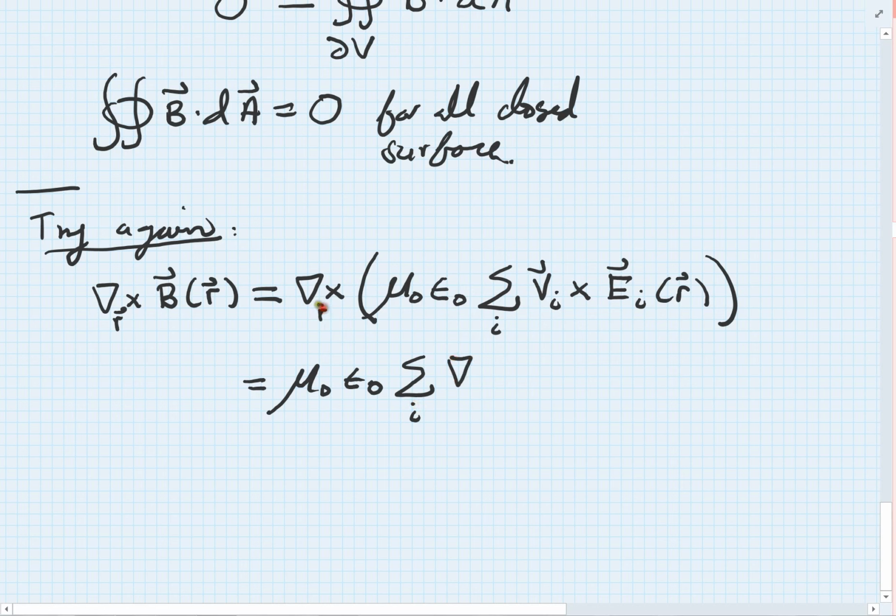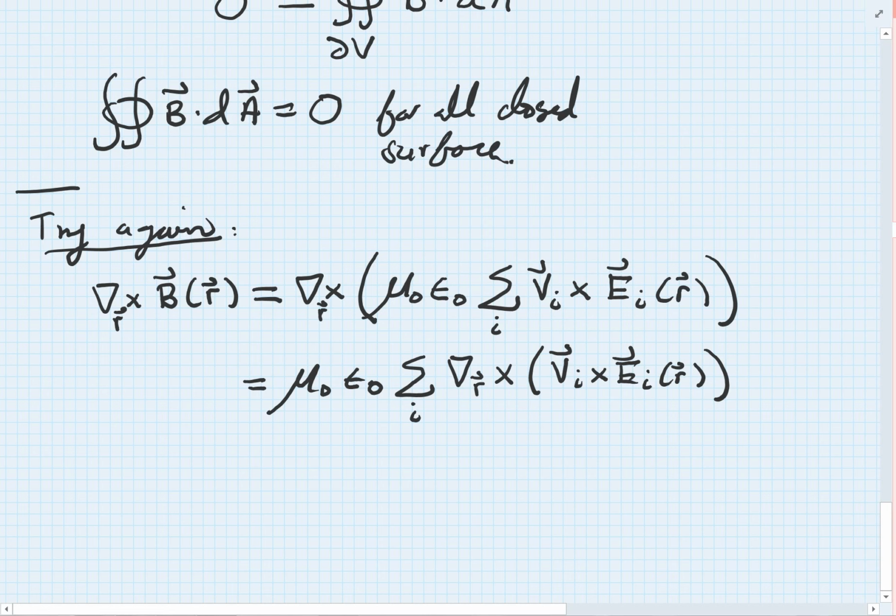So again, I'm taking derivatives with respect to r. I just don't want to forget that. So then when the derivative comes inside the sum, I've got the curl now of a cross product of the velocity of each particle, cross product then with the electric field coming from each of those individual particles.